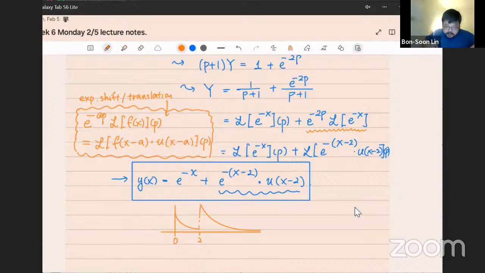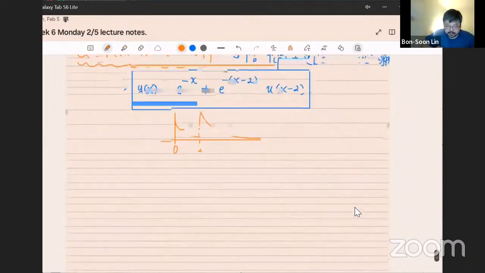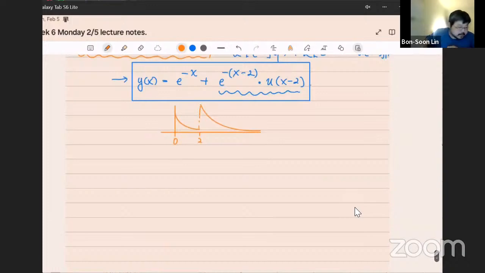Let's actually do a little bit more, just for funsies. How else can we interpret this delta of x? So this is now remark time. Well, let's imagine the unit step function again, this u of x, where it is 0 before 0, and it's 1 after 0.